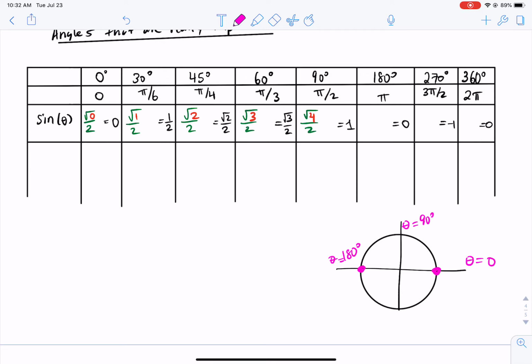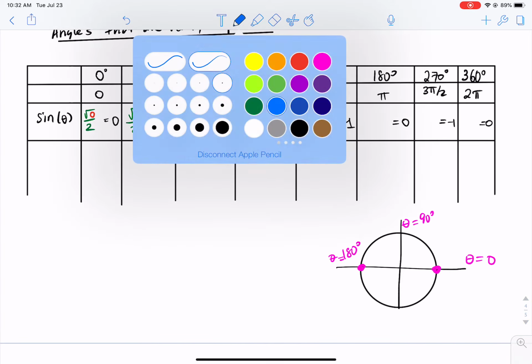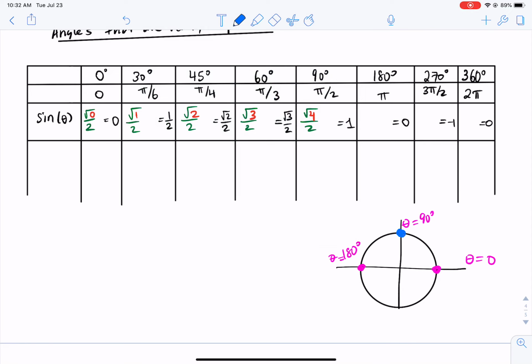But do you see that whether you are at 0, 180, 360, or keep on adding, sine is going to be 0. What is the value of sine up there at 90 degrees? The value of sine there is 1, because that's the y value of the coordinate. What about down here?